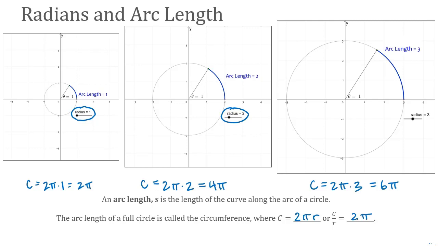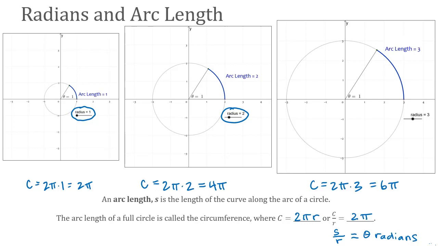This value of 2 pi is what we saw in the previous example, where a full circular rotation was equal to 2 pi radians. Now, if we're only interested in the arc length of a portion of the circle, then replacing the circumference with the variable s to represent arc length, and keeping the r, we know that s over r is going to equal some angle measure that we can call theta radians.